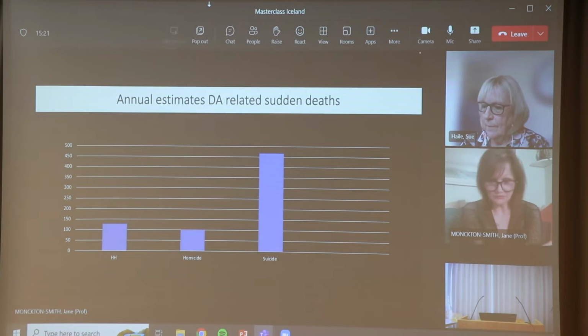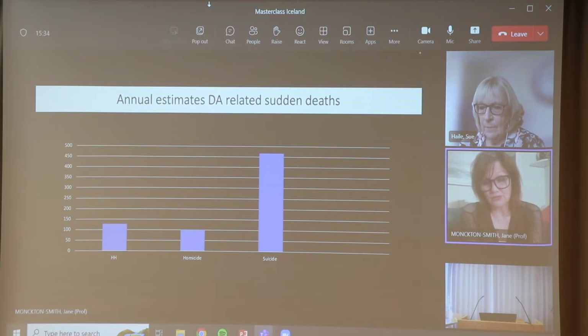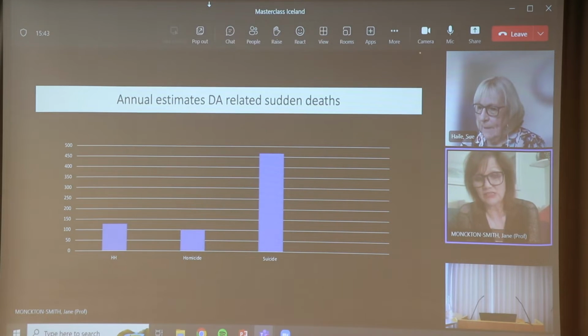Now, certainly in the UK, I don't know about Iceland, but we don't count all of our domestic abuse related deaths. We do count our homicides, the ones that have been prosecuted, the ones that have been identified as homicides, where we've got convictions, things like that.